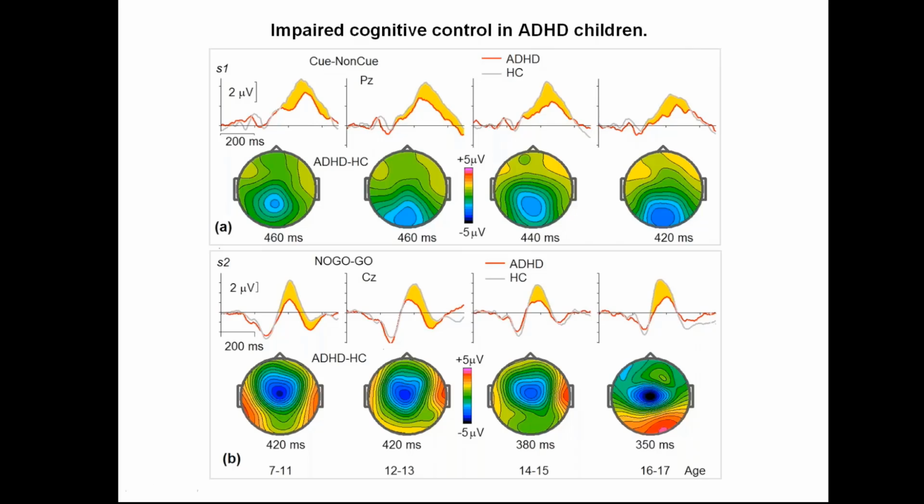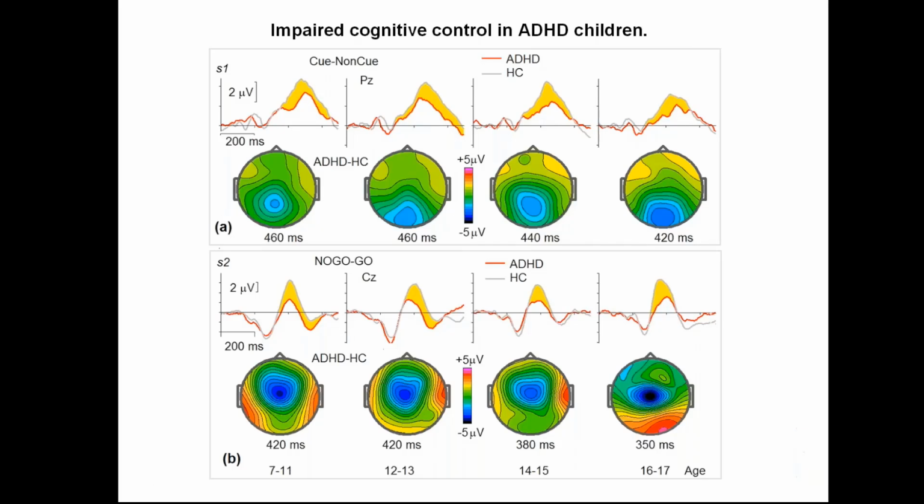When you present the stimulus, the stimulus is animal, and the subject is preparing to receive the second stimulus. So he keeps the stimulus in the working memory, and in this case, the parietal cortex is activated, and this activation of the parietal cortex is higher in healthy controls, shown by gray color, and it's low in ADHD, shown by red color.